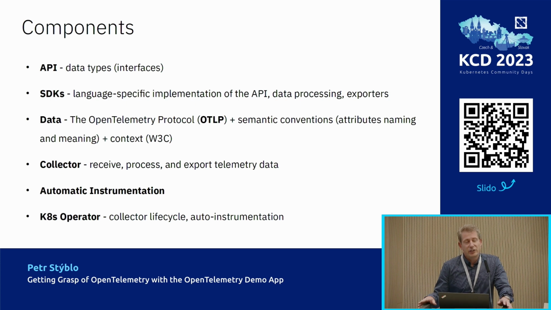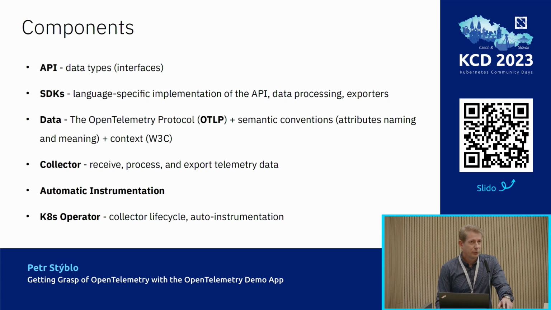The collector is an agent that has inputs and outputs, receivers and exporters, and does various things on the previously mentioned signals. So it can forward the data, receive the data, export the data. So it's a very universal tool that you can mix the data in.